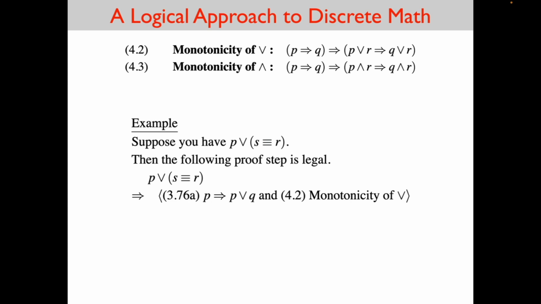You see the left disjunct of this is P, and the right disjunct is S equals R. Okay, so 3.76a says that because P implies P or Q, we can replace the P with P or Q. So here's our P, and we can replace it with P or Q on the next line. But we also have to quote 4.2 monotonicity of or, because P is a disjunct and S equals R is a disjunct, and so we are using monotonicity of or, 4.2.